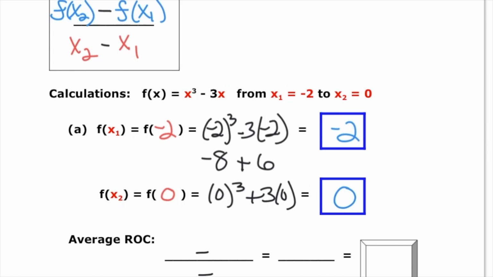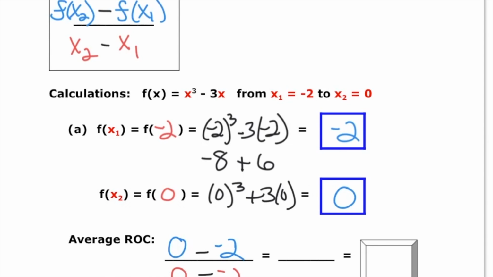Your blue values, remember we have f of x2 first, so that's 0. Minus f of x1 is minus a negative 2. And then my red values are my x's, and that is x sub 2, or 0 again, and then minus x sub 1, which is also negative 2.